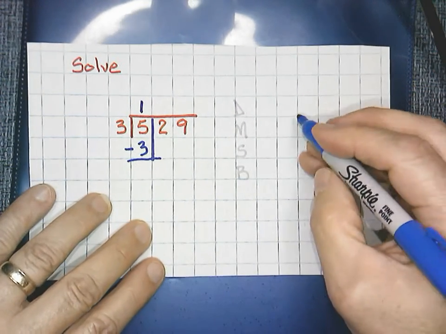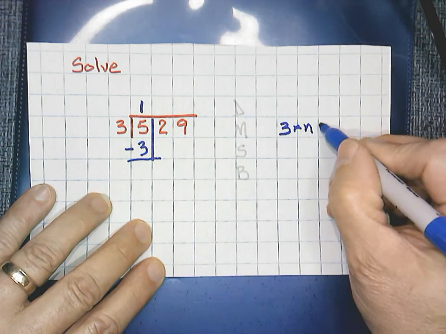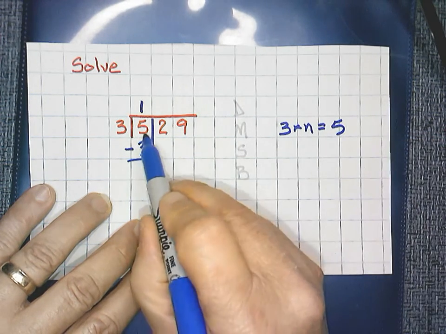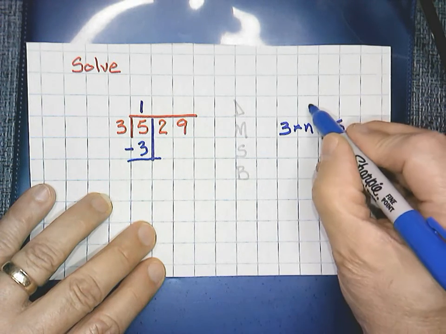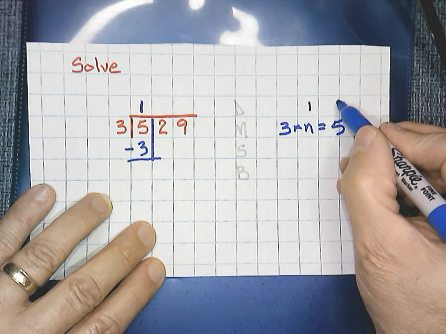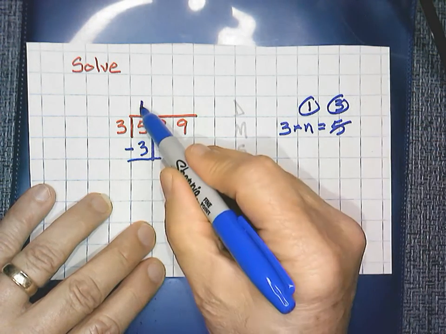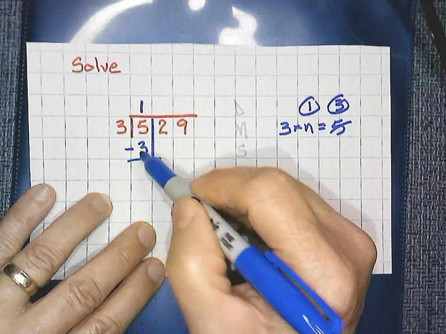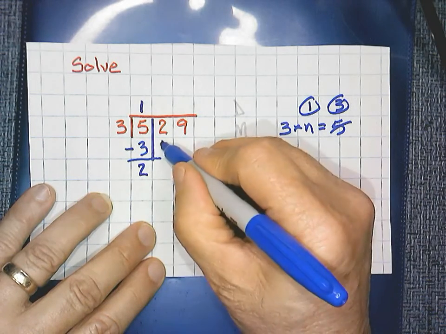Our step here was 3 times n equals the 5, right? And when I solve for n, the best I can do is 1 times 3 is 3, not 5. That's where we got the 1 and the 3. Then I subtract. I get the 2.